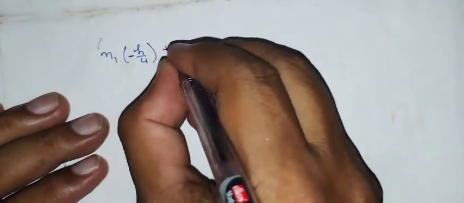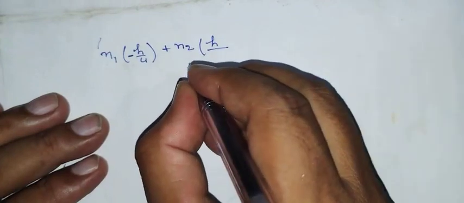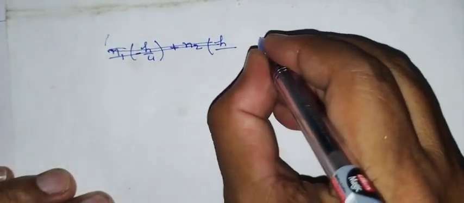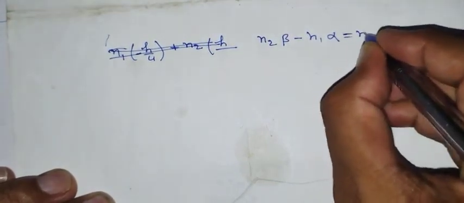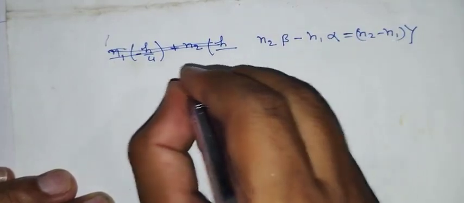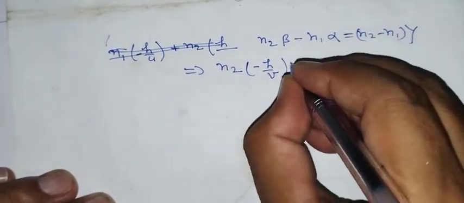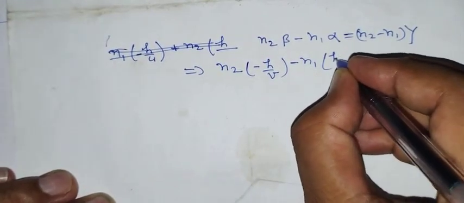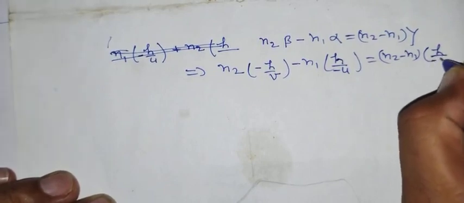Here is n1 alpha, and alpha we have determined as H by U with minus sign, plus n2 beta, where beta is H by minus V. Since equation 5 is n2 beta minus n1 alpha is equal to (n2 minus n1) gamma, so n2 beta is minus H by V, minus n1 alpha is H by minus U, is equal to (n2 minus n1) gamma, which is H by minus R.